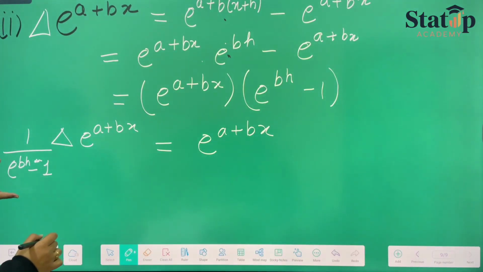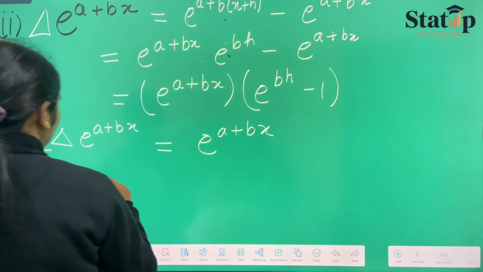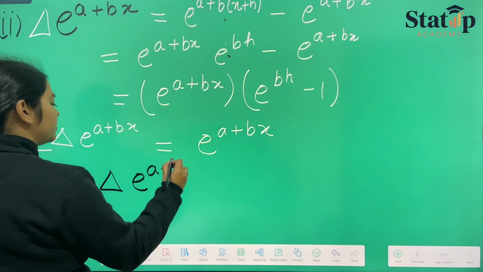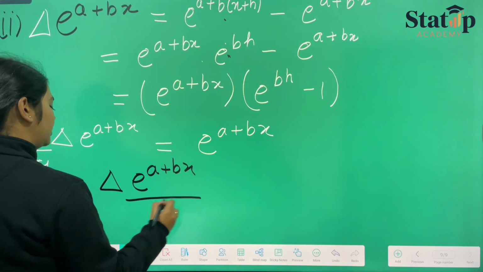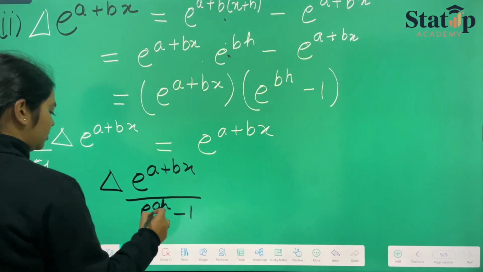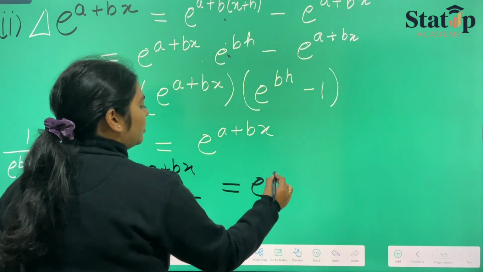Now since this term is independent of x, we can take it inside delta. So we can write it as delta of e raised to the power a plus bx upon e raised to the power bh minus 1 should be equal to e raised to the power a plus bx.